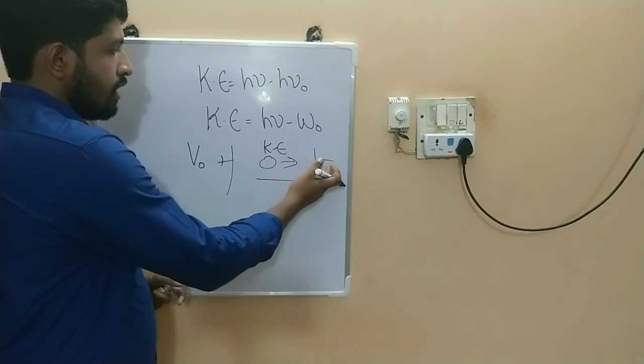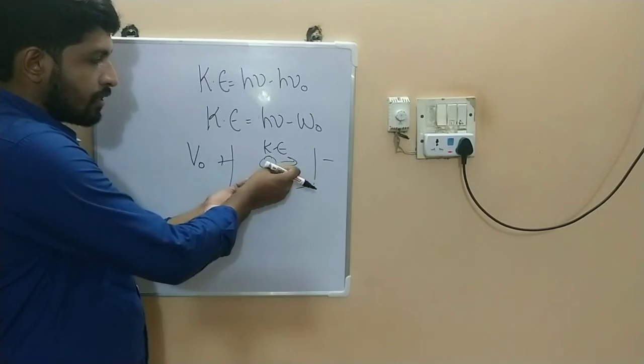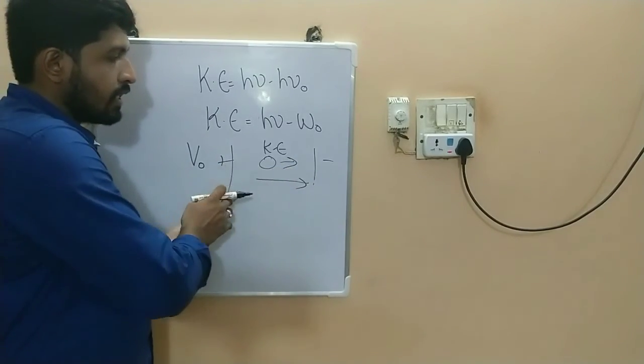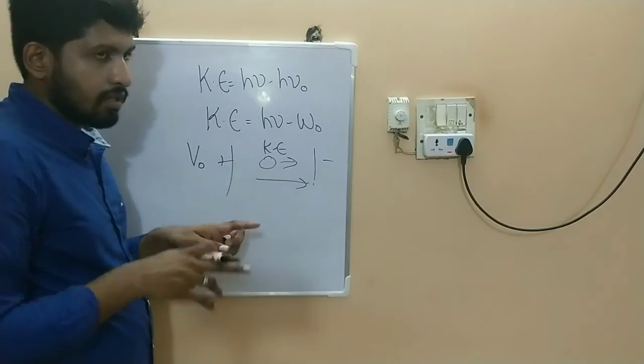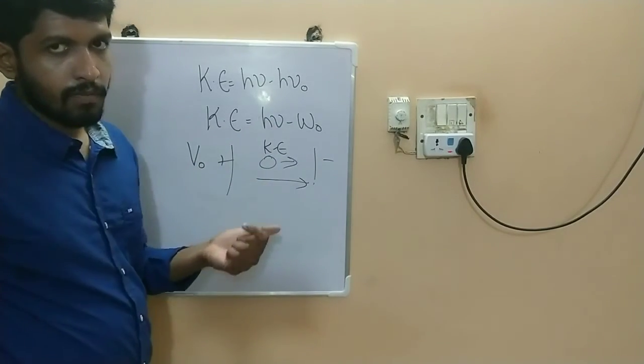The electric field is pulling the electron backwards, and when the electron stops moving, it won't get emitted out from the cathode.